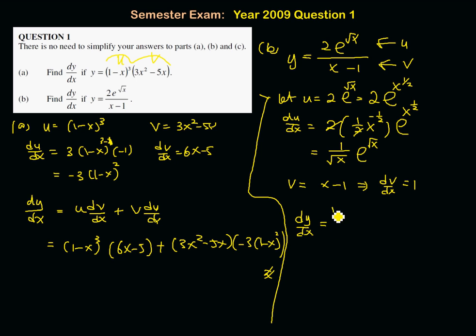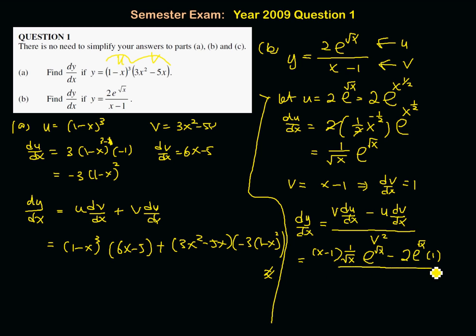That would be this use of the formula, v du/dx minus u dv/dx, over v squared. And if you put everything in correctly, you'll find that this is x minus 1, but du/dx is 1 over root x times e to the power of root x, and minus what u is, 2e to the power of root x times dv/dx, which is 1, over v squared.